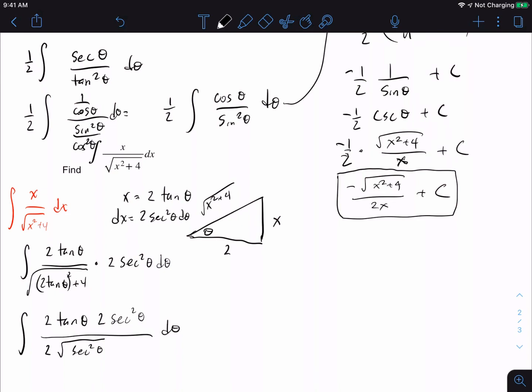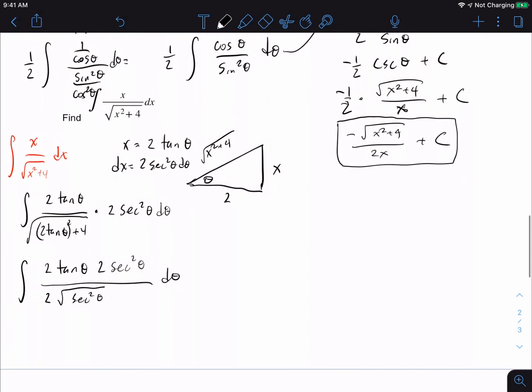It's okay. So then what's going to happen is I'm going to have a 2 out front. I'm going to have tangent theta, and then secant theta, d theta, because the secant in the denominator is going to cancel with the secant squared, correct? Do you guys agree?